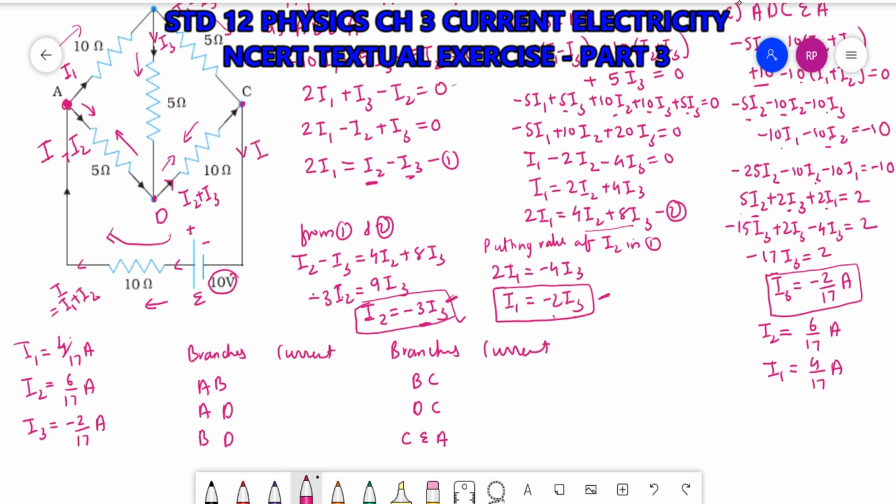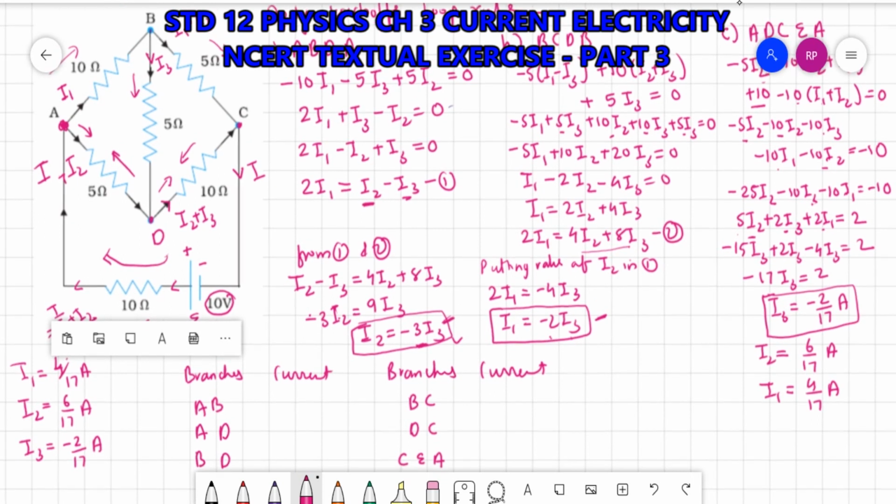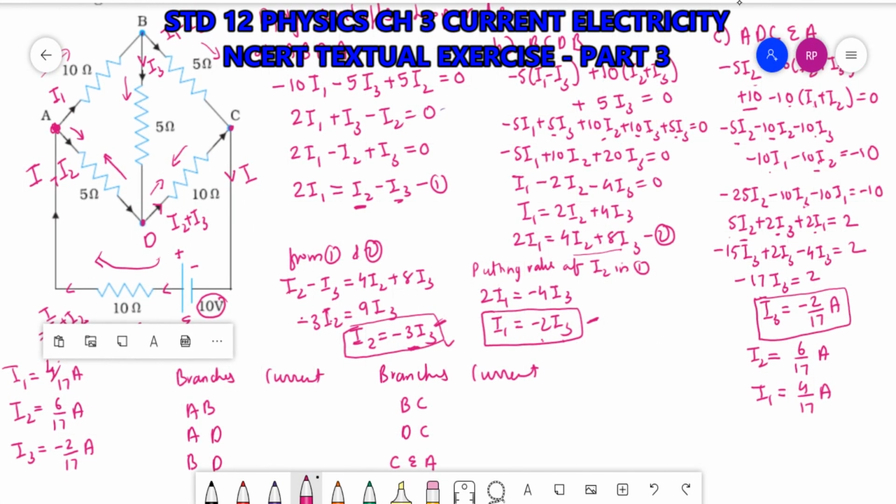Okay, so I can see here that in branch AB the current is I1. So what is the value? 4 by 17 ampere. In branch AD, I2, that is 6 by 17 ampere. In branch BD, that is I3, so minus 2 by 17 ampere.